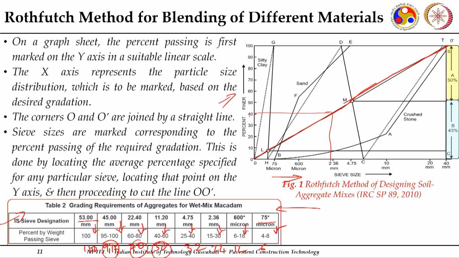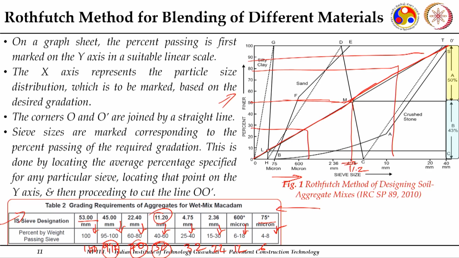So I'll go for 50%, and I'll drop a line down, and this 50% will show me my 11.2. So here this is another example, the 11.2 sieve size I will mention here. Similarly all these will be marked and plotted down, so I'll get all these sieve sizes on my x axis corresponding to these mid values.